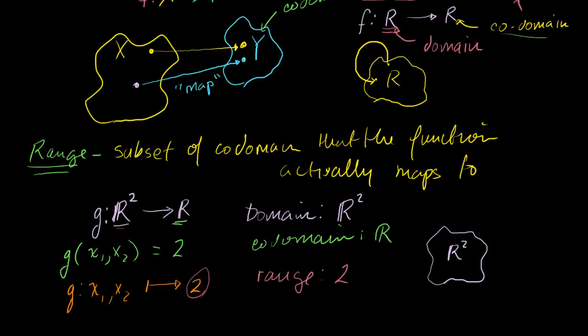You don't normally see it written that way, but I could just draw R2 like that, and I could draw R as some straight line.